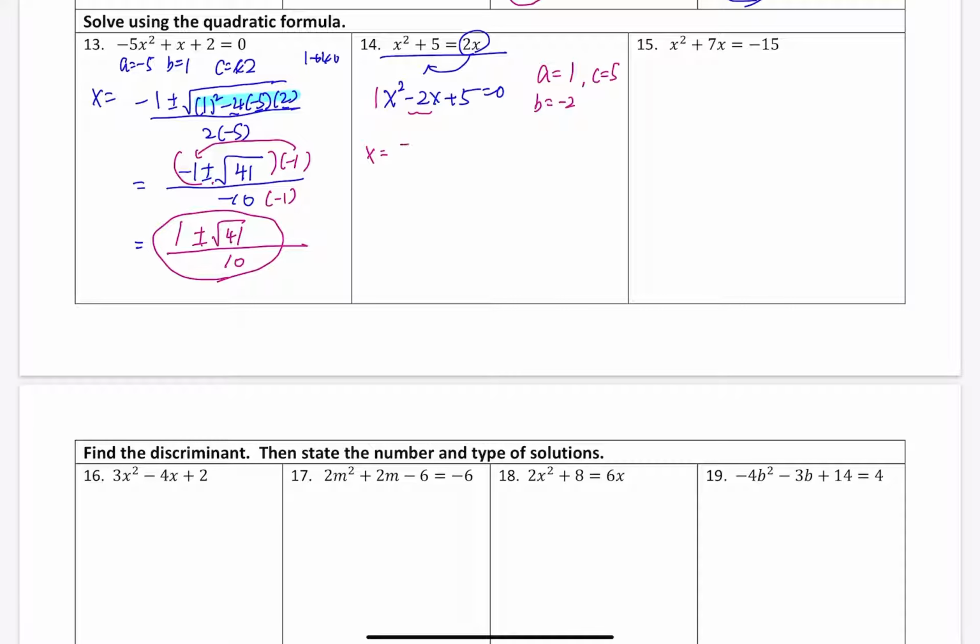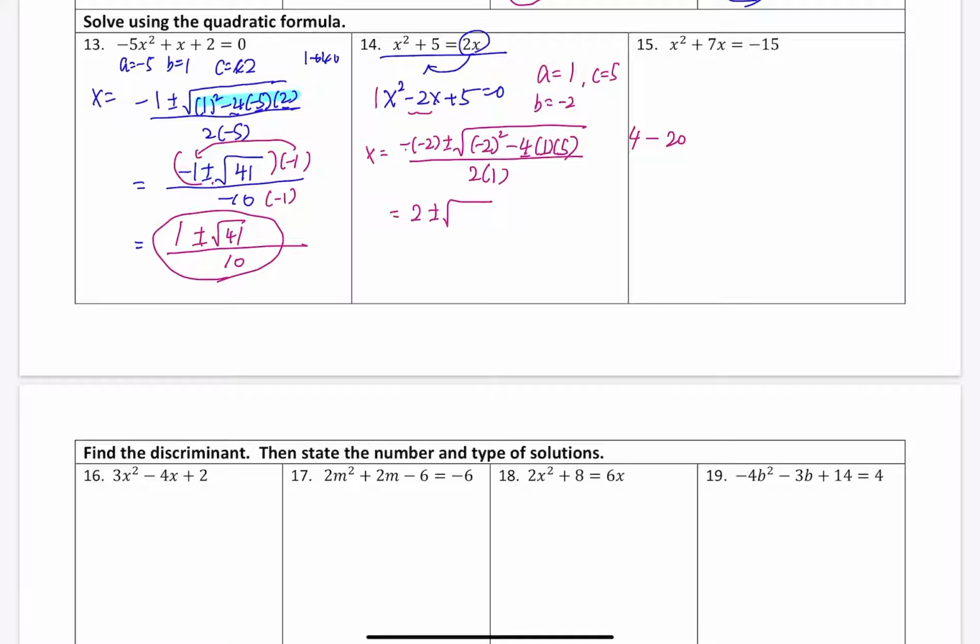Negative b, negative negative 2, plus or minus square root of b squared. You have to use parentheses, minus 4 times, A is 1, C is 5, all over 2 times 1. Okay, simplify. Negative negative is positive, plus minus square root of negative 2 in parentheses squared is 4, minus 4 times 1 times 5, 20, right?